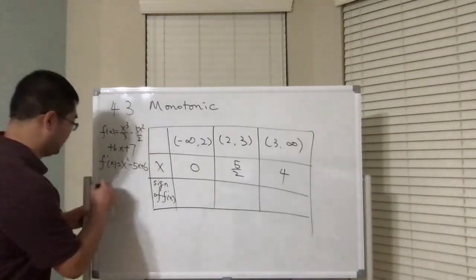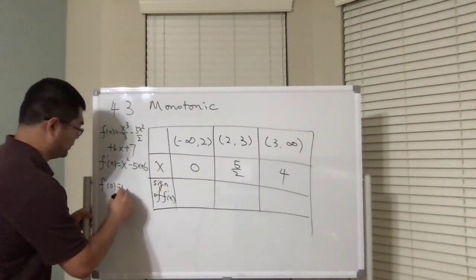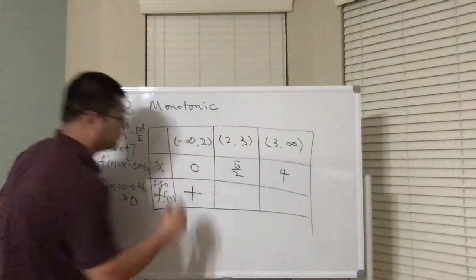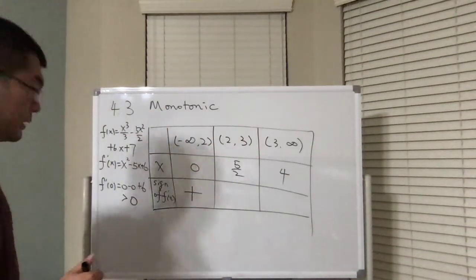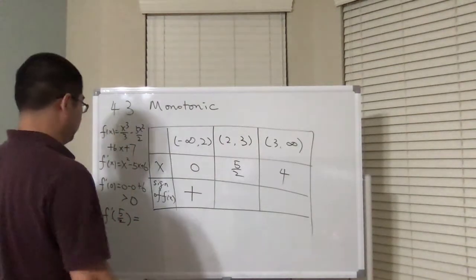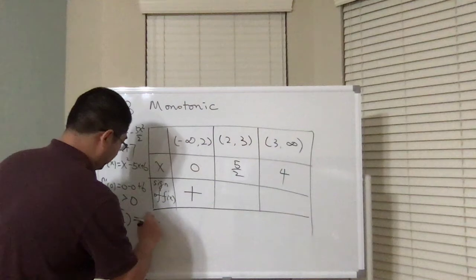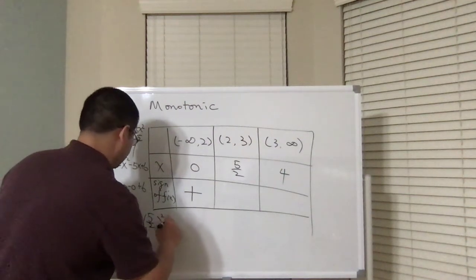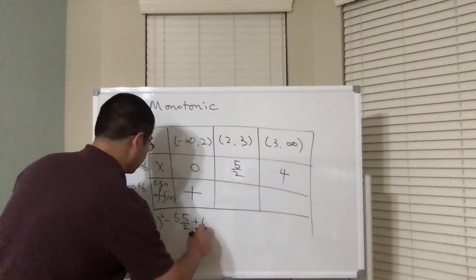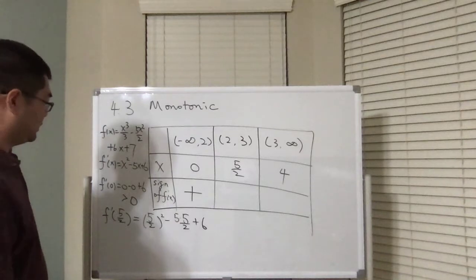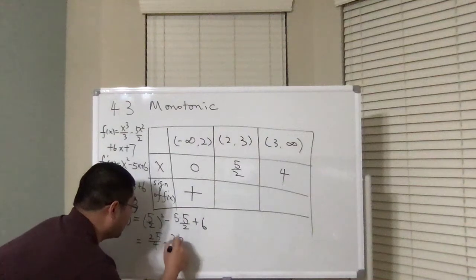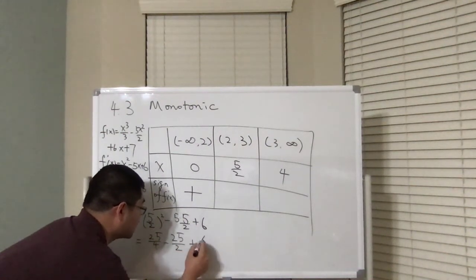Okay, let's do that. f prime of 0 is 0 minus 0 plus 6, so it is positive. So the sign is positive. And f prime evaluated at 5 over 2: here is 5 over 2 squared minus 5 times 5 over 2 plus 6. This is 25 over 4 minus 25 over 2 plus 6.